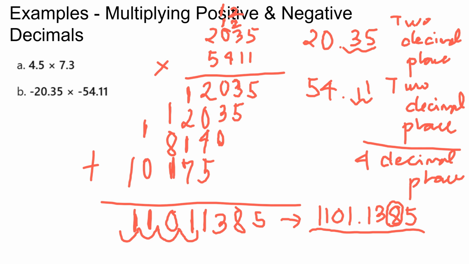Now, since 8 is greater than or equal to 5, yes, that's correct, I said it correctly, we round up the second decimal, which is 3. So we will actually raise it by 1.